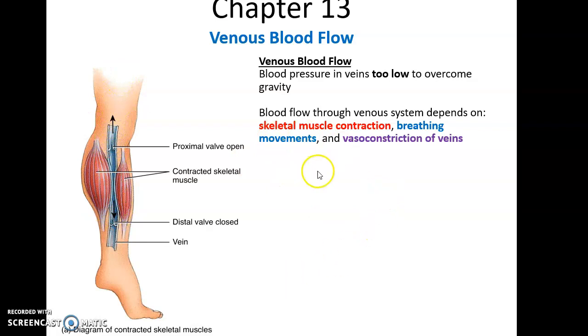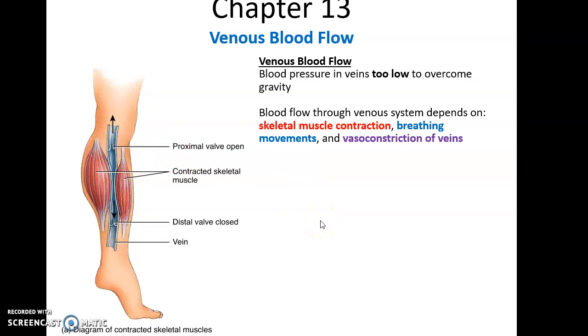We also, of course, have veins located within the thoracic cavity, so that as the lungs expand and pressure builds in the thoracic cavity, and to an extent in the abdominal cavity, this will squish the veins, causing blood to go toward the heart. And of course, blood only goes toward the heart because of those lovely valves located within the veins.